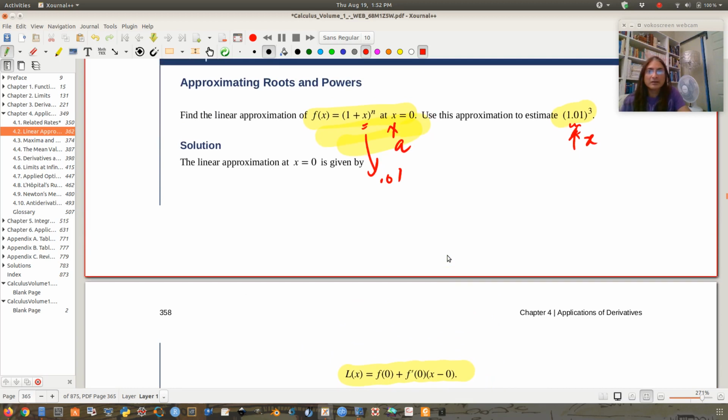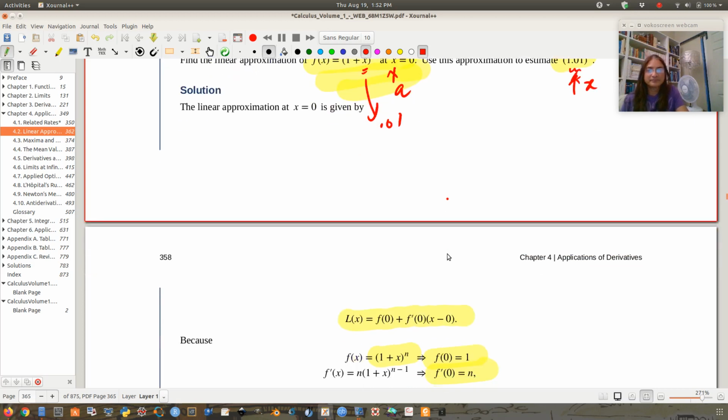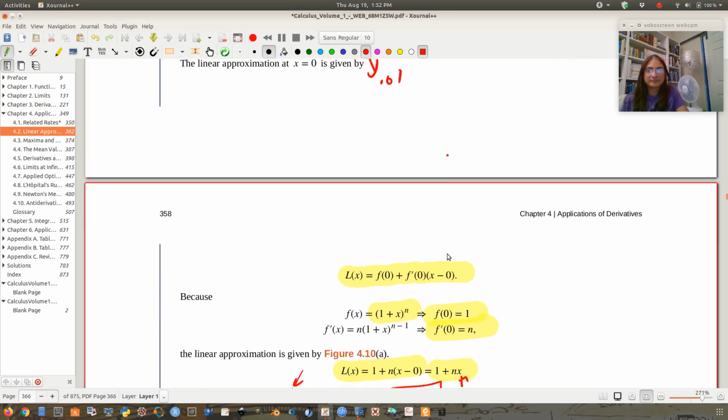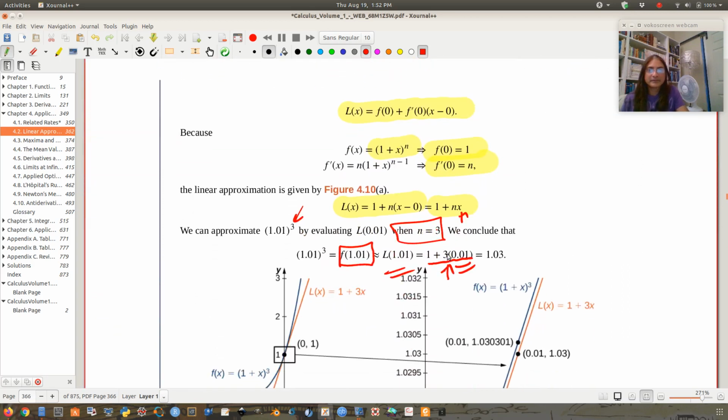Okay, so it's 1 plus n times x minus a, so x minus a is 0.01 and not 1.01, as you can see, right?